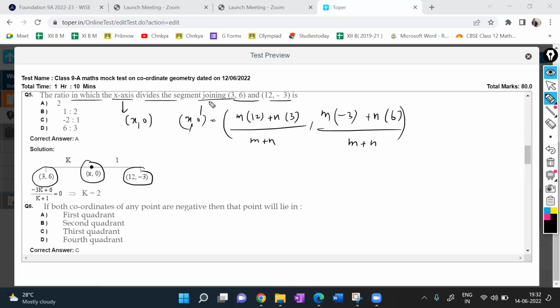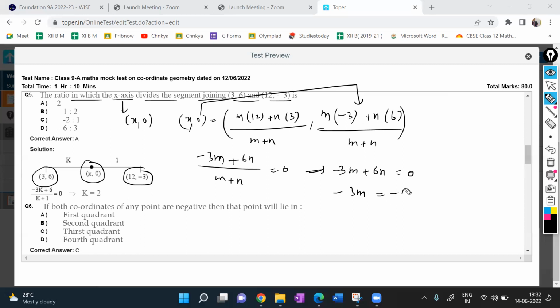So equating this to this, we need to find the m and n value. Minus 3m plus 6n divided by m plus n is equal to 0. Minus 3m plus 6n is equal to 0. Minus 3m is equal to minus 6n. Minus minus will get cancelled. 3 1s, 3 2s. m by n is equal to 2 by 1. I got 2 by 1. 2 by 1 should be the answer.